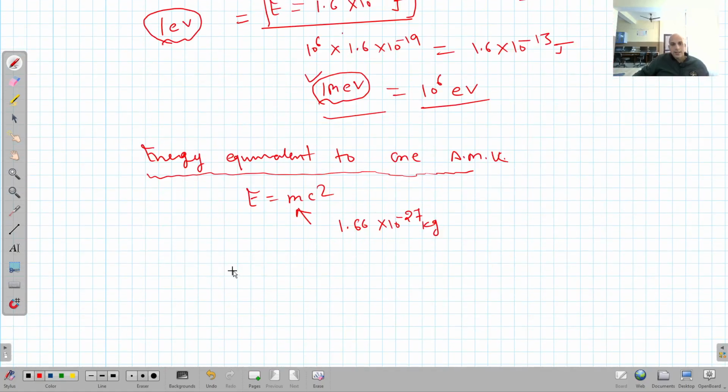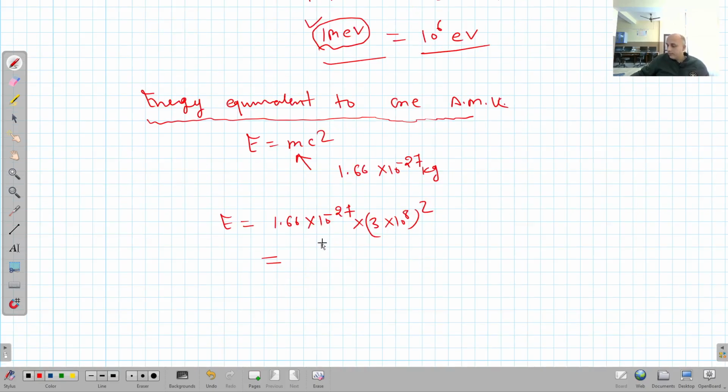So then I will get E, the energy equivalent to 1 AMU, is equal to 1.66 into 10 raised to power minus 27 multiplied by 3 into 10 raised to power 8 whole term square, mc square. When I simplify it, it will obviously become 9 multiplied by 10 raised to power 16. So I will get 1.494 into 10 raised to power minus 10 joule, right?